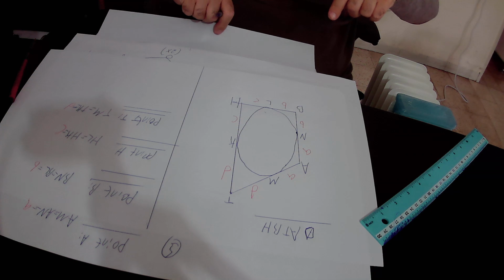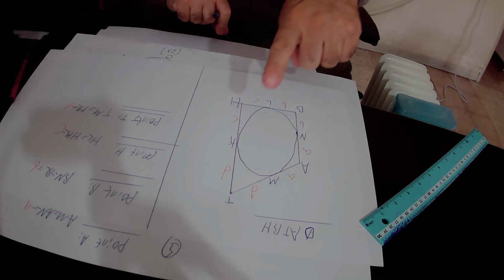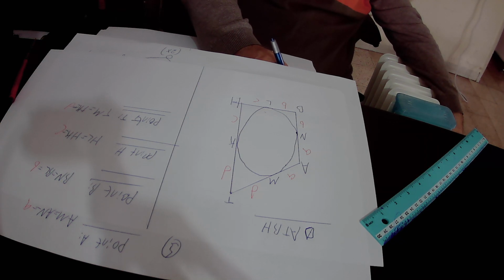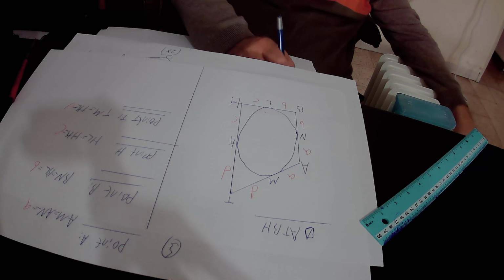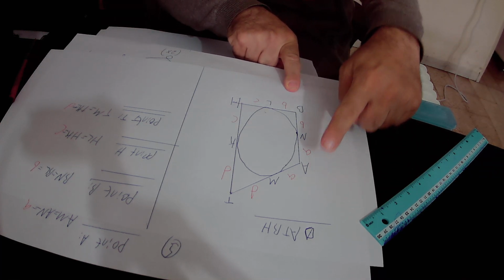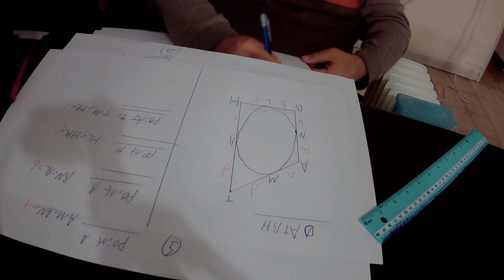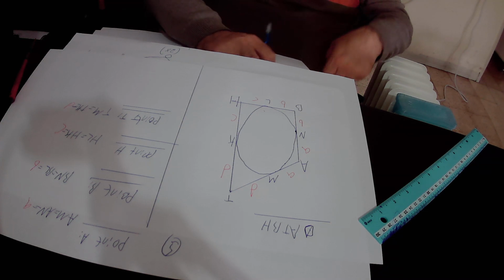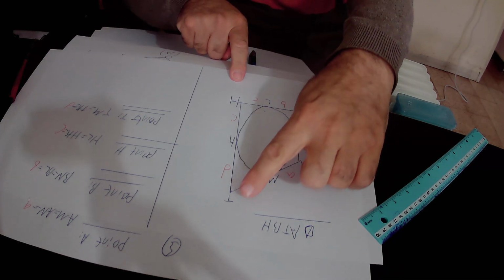In the next step, we will add side AB to the opposite side, TH: AB plus TH. What is the length of AB? From the drawing, it is very easy to see that AB equals A plus B. Plus TH. What is the length of TH?